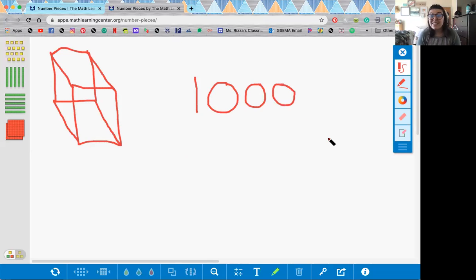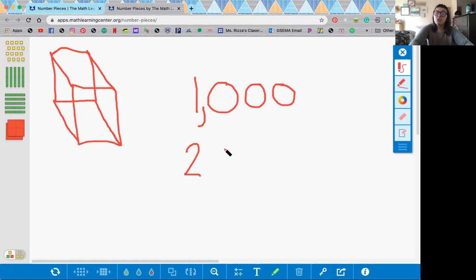But 1,000 gets a little tricky because there's a comma. When we start writing bigger numbers, there's a comma that helps us separate the numbers so it makes it easier for our brains to read. So the way we do that is we start over here at the end and we go over 1, 2, 3 spots and we put a comma in. And that helps our brains to be able to read it. And this happens even if the number is over 1,000.